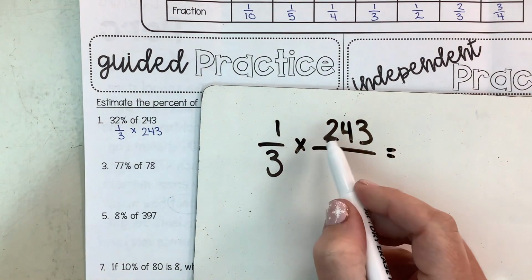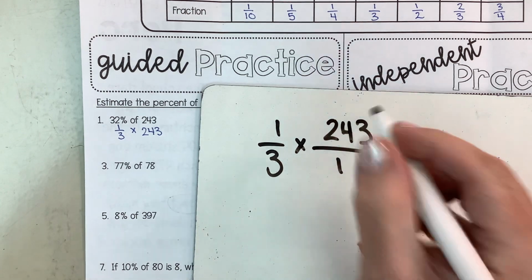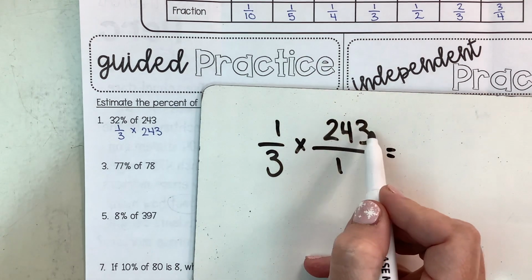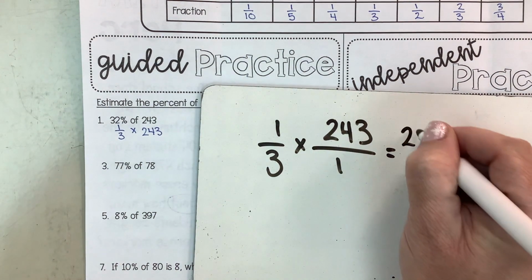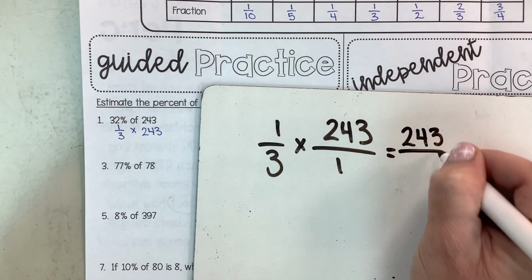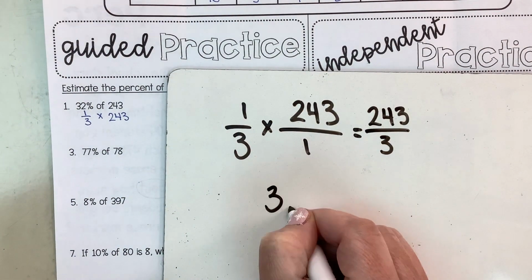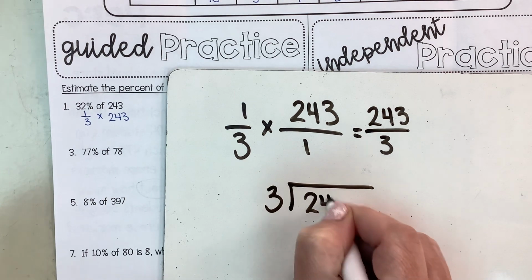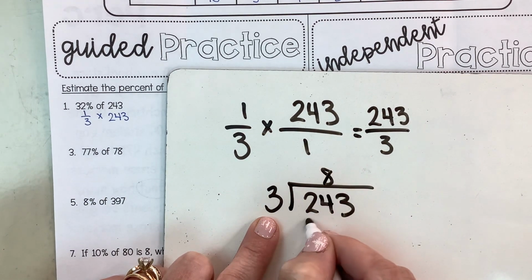Okay, and 2 plus 4 is 6, and 6 plus 3 is 9. So the digits here add up to 9, so I know 3 goes into 243. Okay, so you could either work it out before or now. So 3 goes into 243. 3 times 8 is 24.